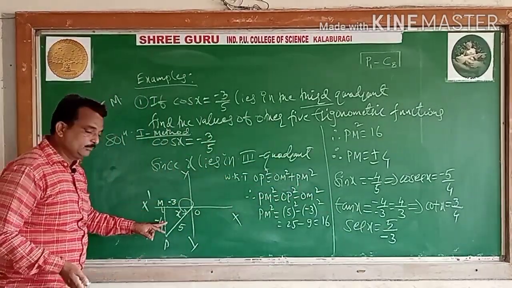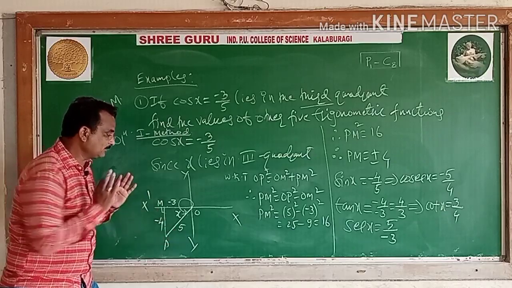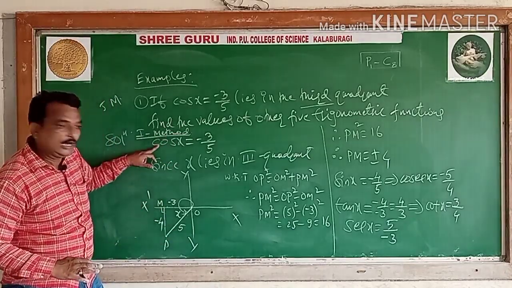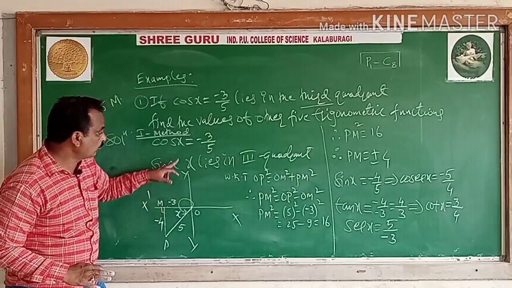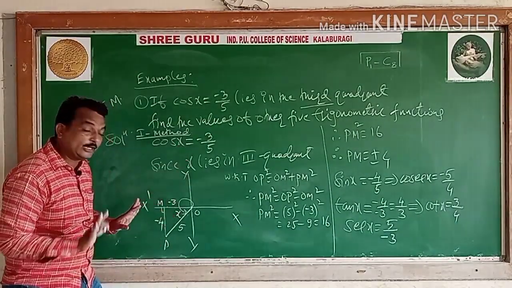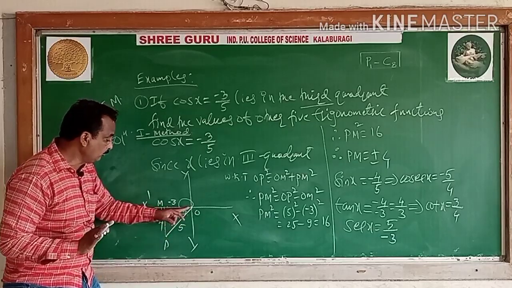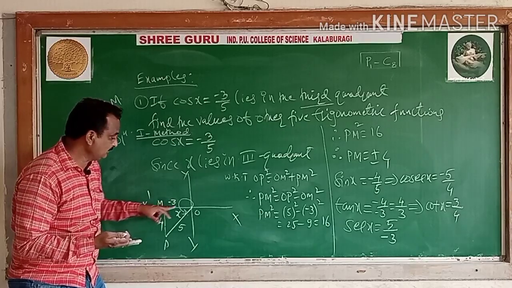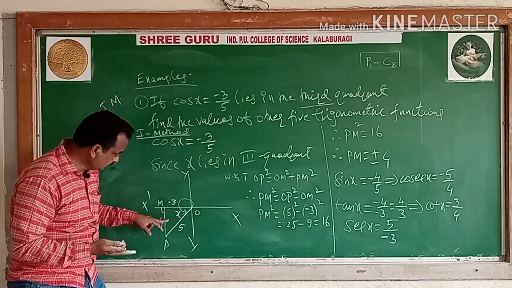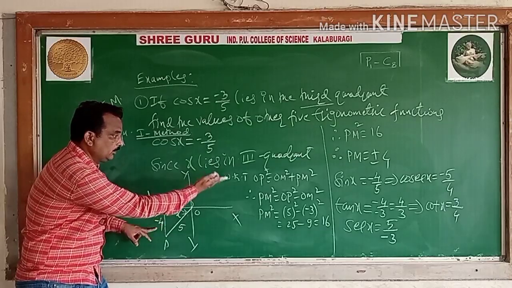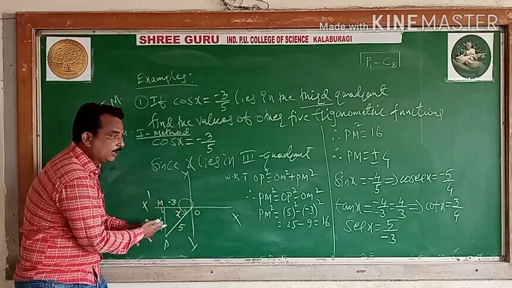We have taken the diagram in the third quadrant and placed the given value in the triangle. With respect to the definition, cos x is adjacent side by hypotenuse, but you should take positive and negative carefully. Hypotenuse is always positive. The adjacent side is on the negative x-axis, so it becomes negative. Using Pythagoras theorem you get plus or minus 4.